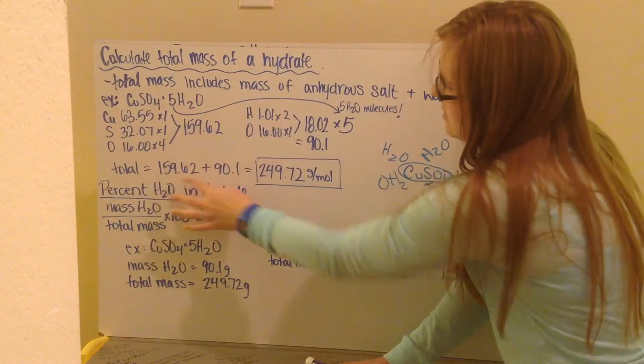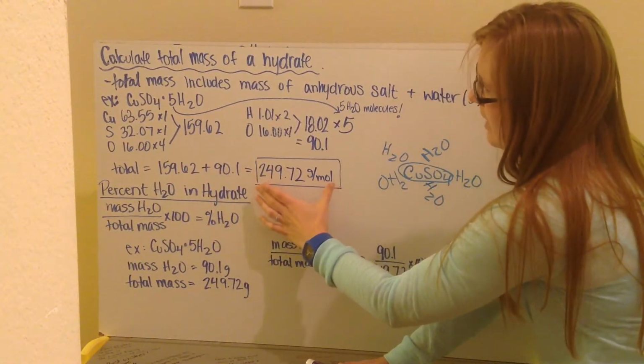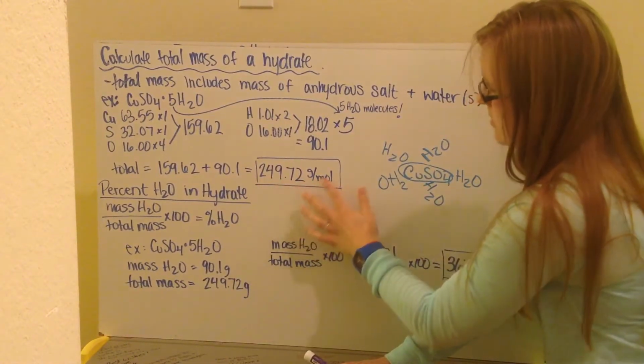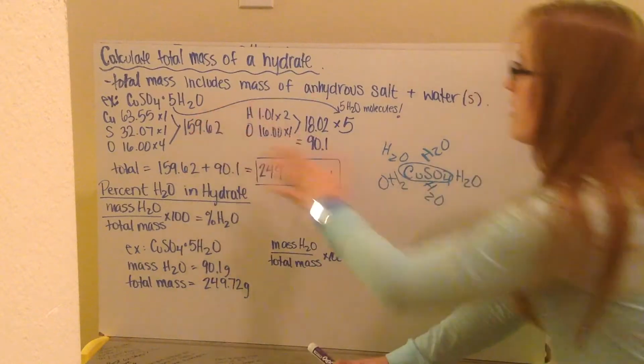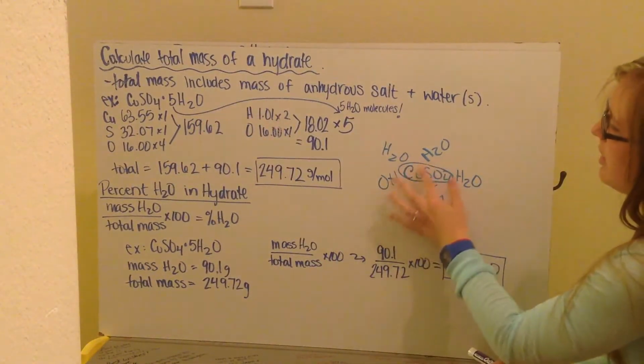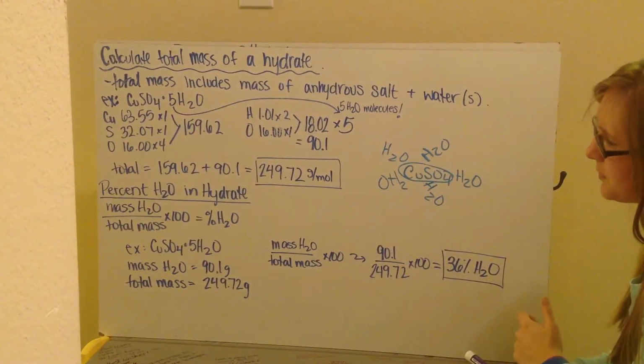When I add these two together, I get the total mass of my copper 2 sulfate pentahydrate to be 249.72 grams per mole. These 5 water molecules look like this, where my copper 2 sulfate is in the middle, and my 5 water molecules are attached to it, just coming off.